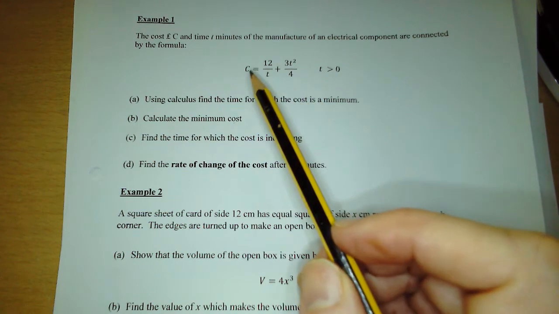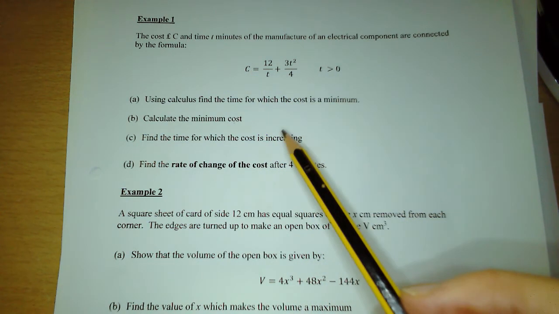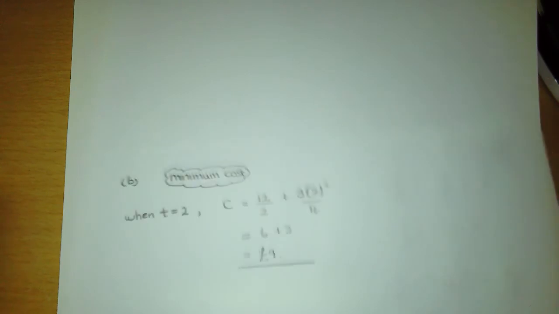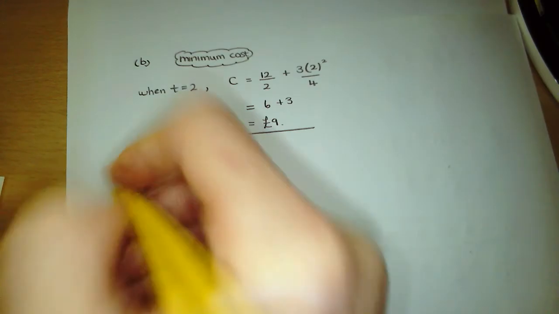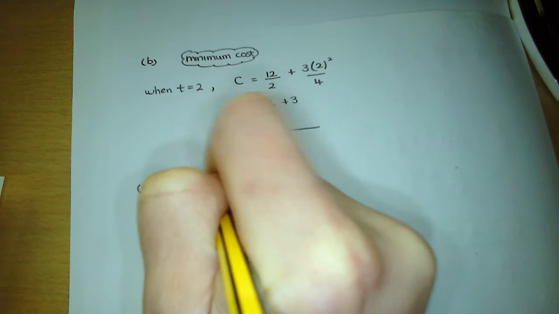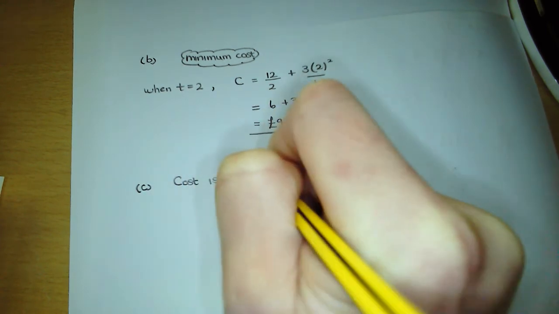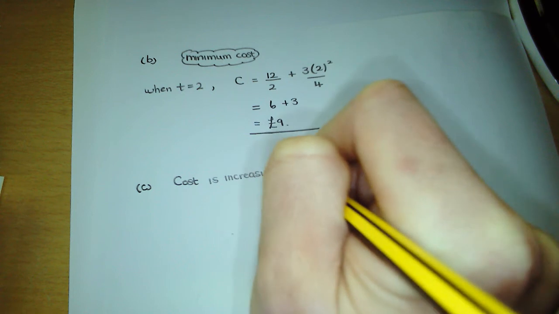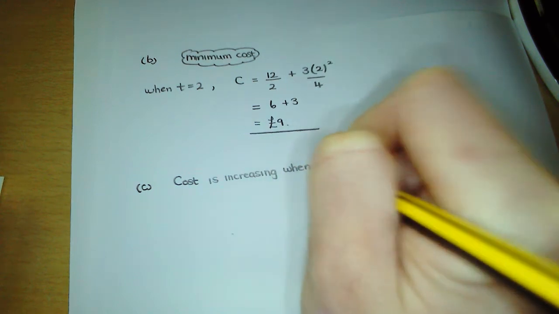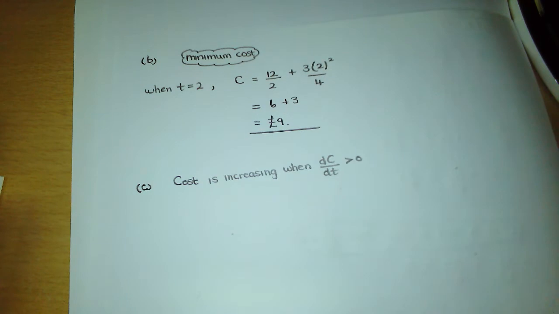So we're going to set dc by dt bigger than 0 and solve to get the time. So cost is increasing when dc by dt is bigger than 0.